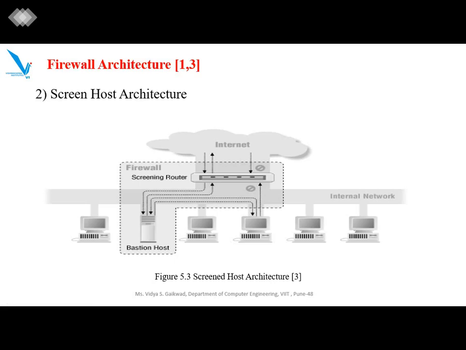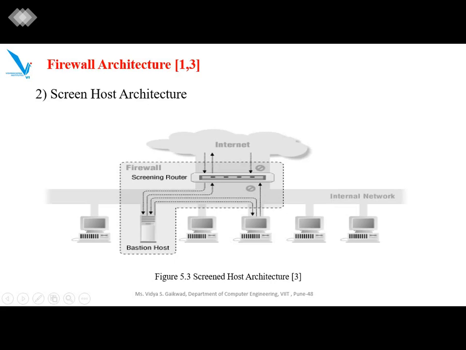So in this architecture, packet filter is used to provide the main security. The screen host architecture requires applications provided by this bastion host that sits on the internal network.